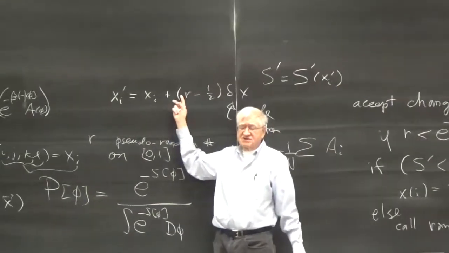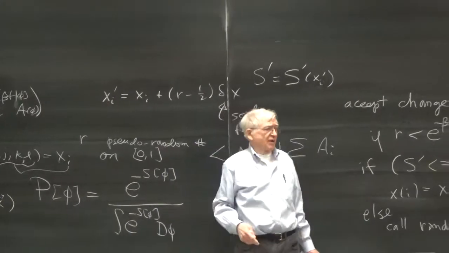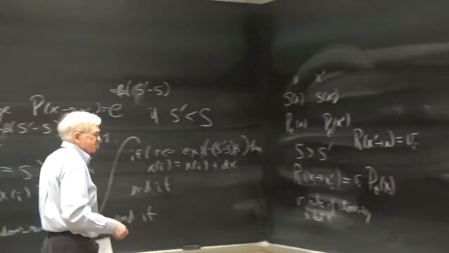That is to say, you have a uniform random number, uniform on 0 to 1, subtract a half, and so that gives you an equal probability of going up or down. So the v's are the same.